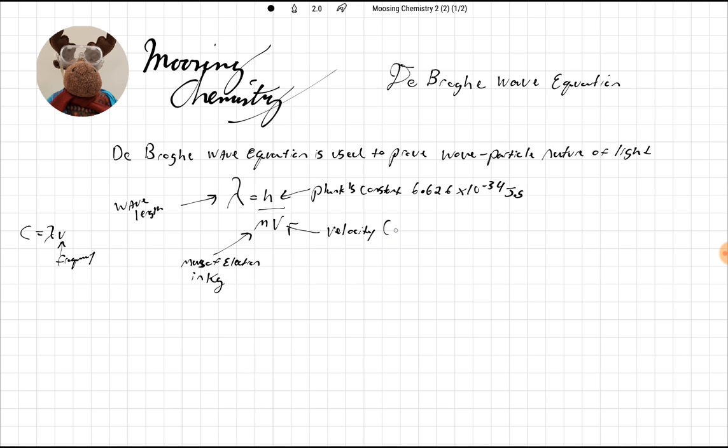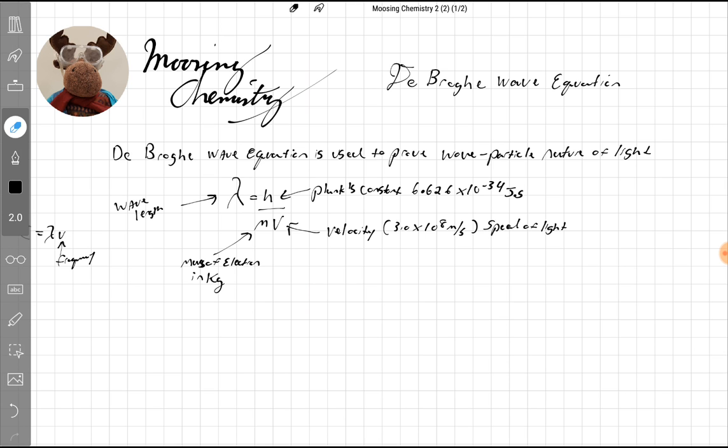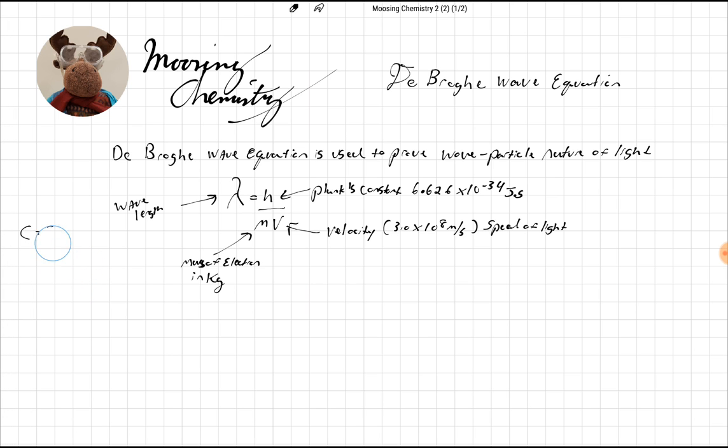So the velocity is going to be 3.0 times 10 to the 8 meters per second. That's our constant because that's the speed of light. All right, so much for it being frequency. Let's go ahead and erase that, because it no longer applies to this particular equation.